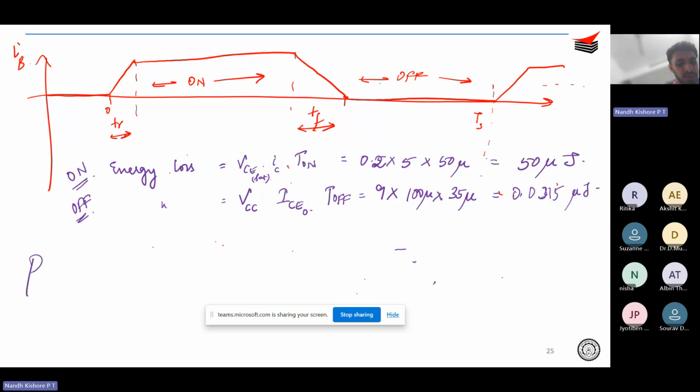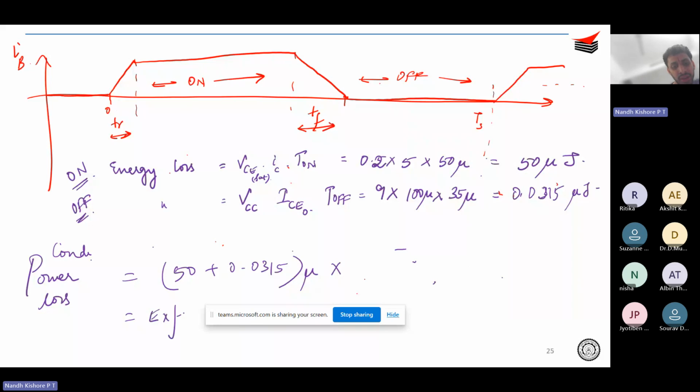So what is the power loss, or the conduction power loss? Conduction power loss will be the summation of this multiplied by frequency, right? So 50 plus 0.0315 microjoules into the frequency. Power loss is basically energy times frequency, or E by T, right? So energy into frequency.